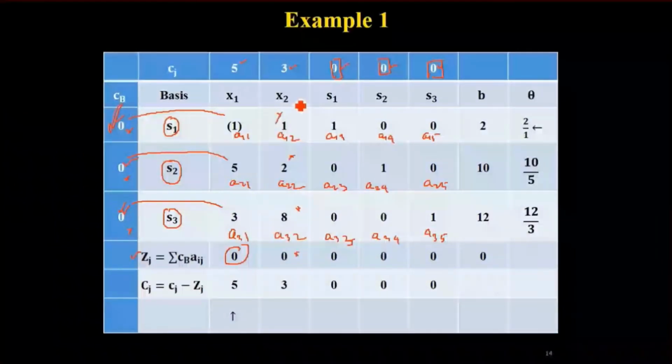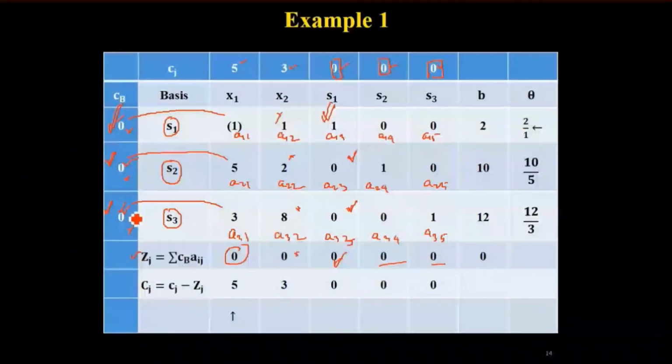Then this one: 0 into 1, 0 into 0, 0 into 0. We add all these and we get 0. Similarly we find this value and this value, and the next one is 0 into 2 is 0, 0 into 10 is 0, 0 into 12 is 0. If we add all those values, we will get 0.